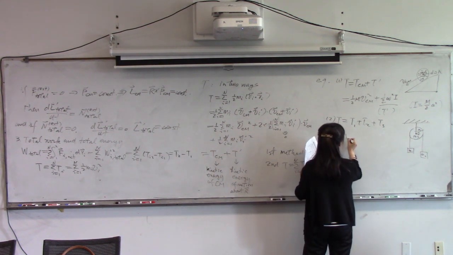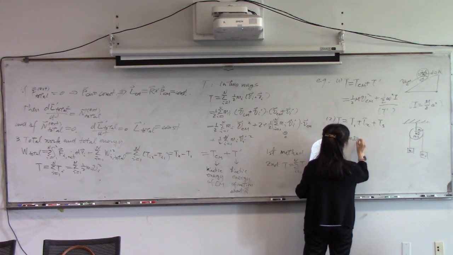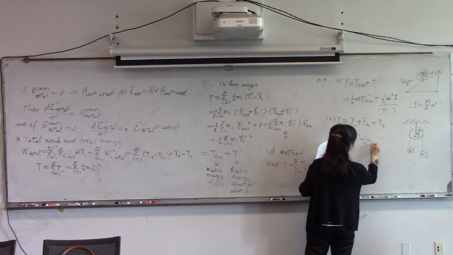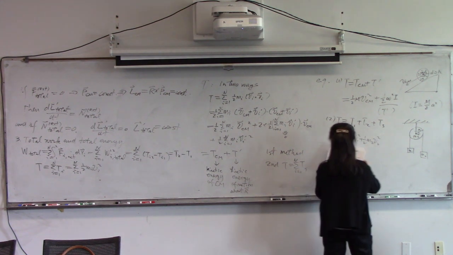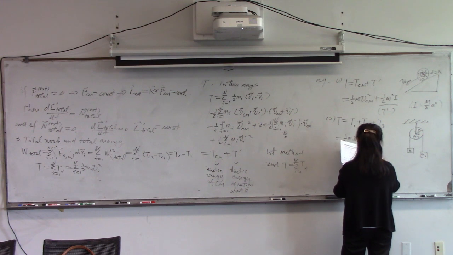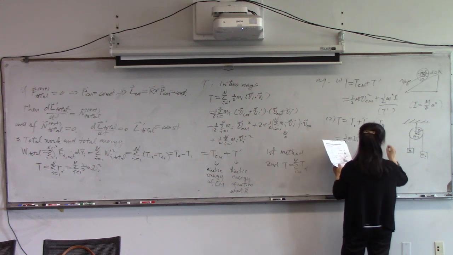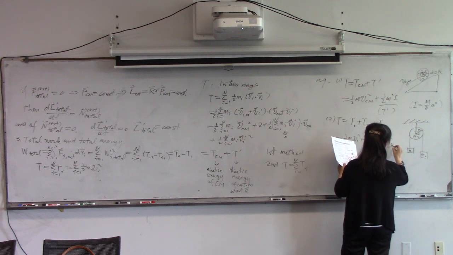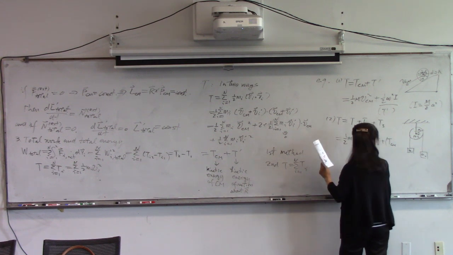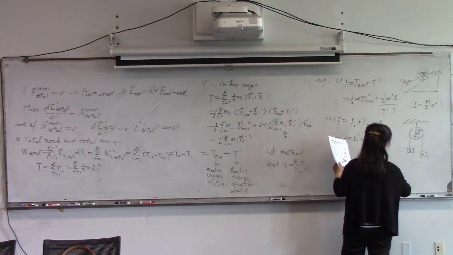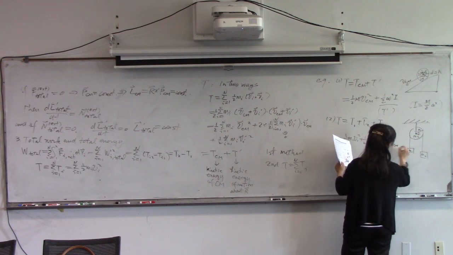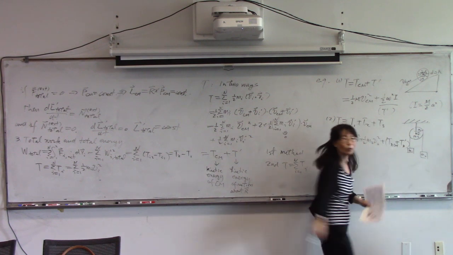So here, half of M1 V1 squared plus half M2 V2 squared, and plus here, TCM, since here I'm going to index the system 3 plus, right?